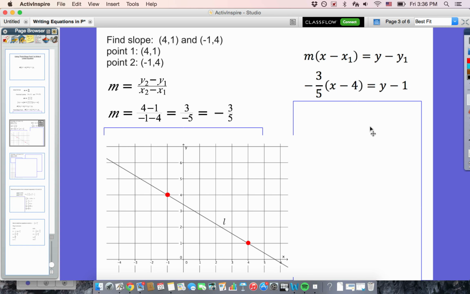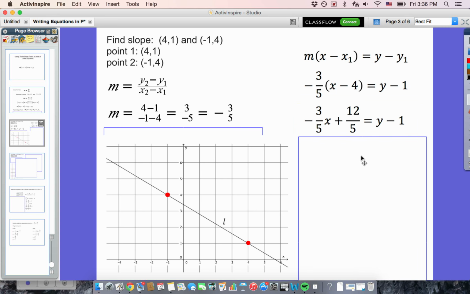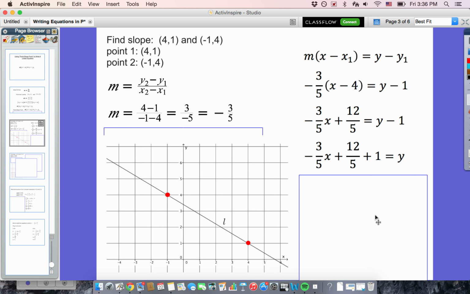What I'm going to do now is change this so that it looks like an equation written in slope-intercept form. I would distribute the -3/5 to get that. Then I would add 1 to both sides to isolate y.